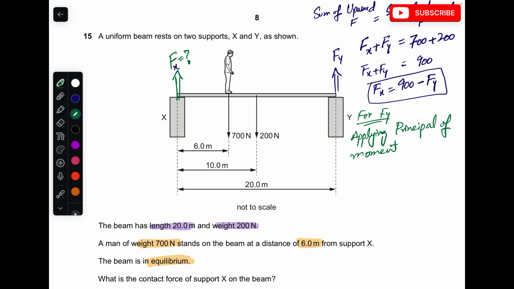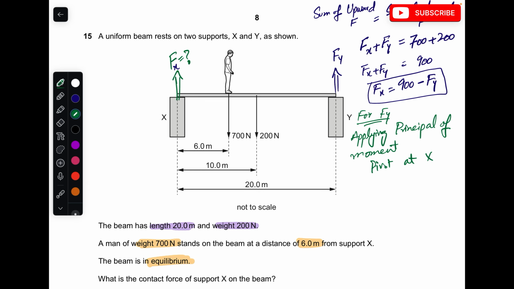I can choose pivot point X or pivot point Y. Okay, but I will choose intentionally the pivot at X because I need the force Fy. If you choose the pivot at point Y, you can't find the force Fy. Okay, so this is intentional. We are choosing the pivot at X. Now I have to write down the moments.